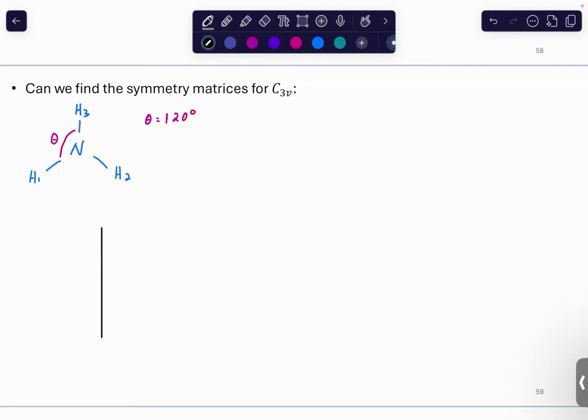What I'm going to do is start with a vector, a position vector in the first quadrant. You don't know what it is, it's some angle phi.